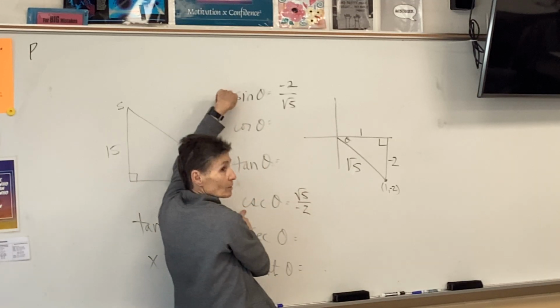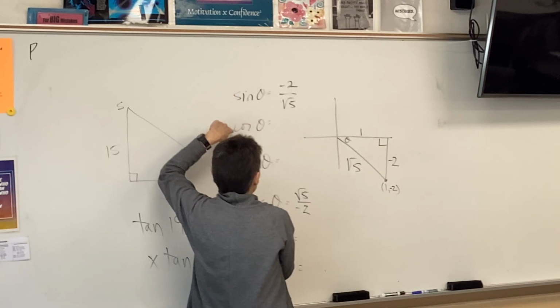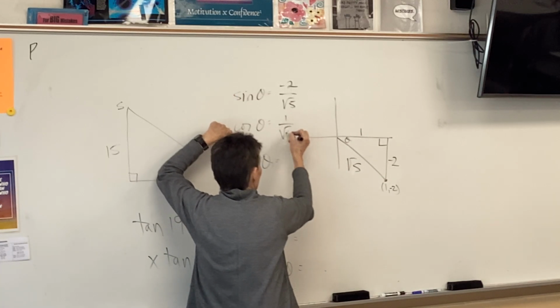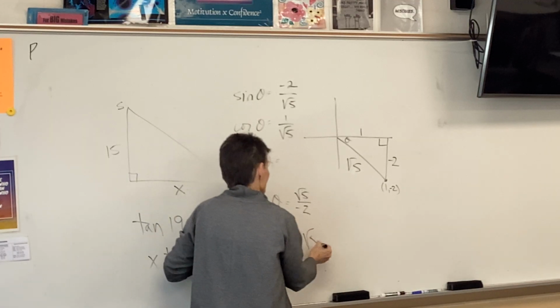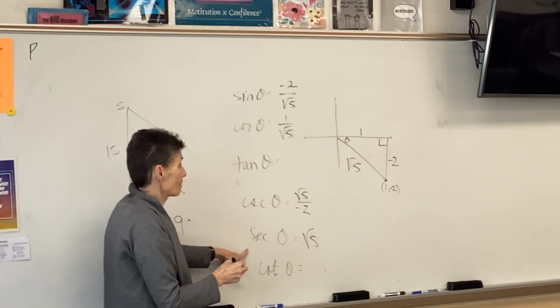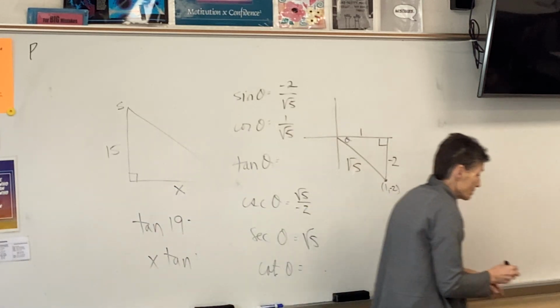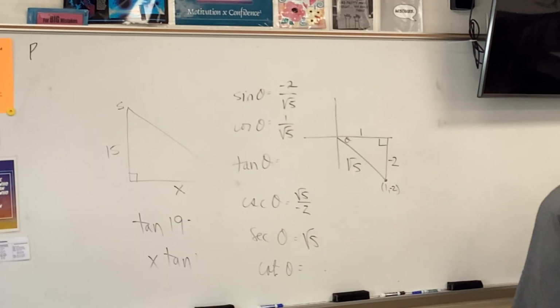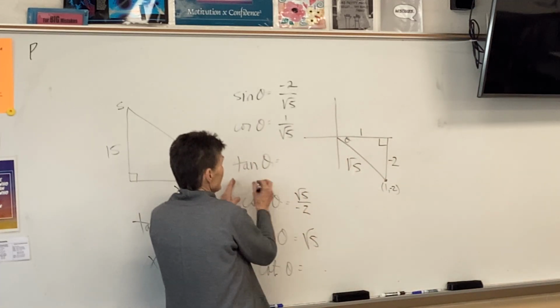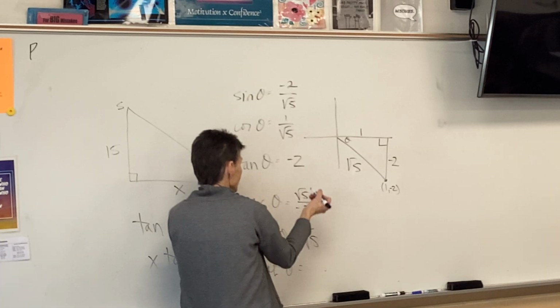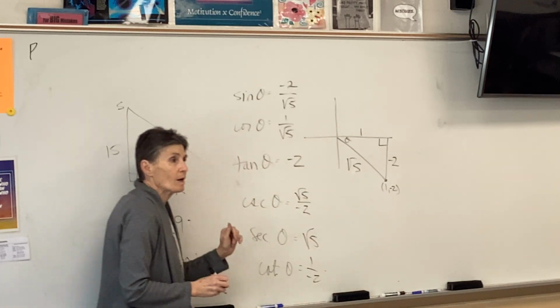Remember, these are reciprocals. Cosine is 1 over √5. So secant is √5. All right, and then the tangent is -2 over 1, and the cotangent is -1. Are we okay with that?